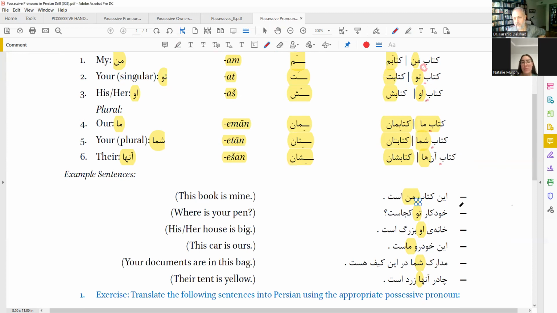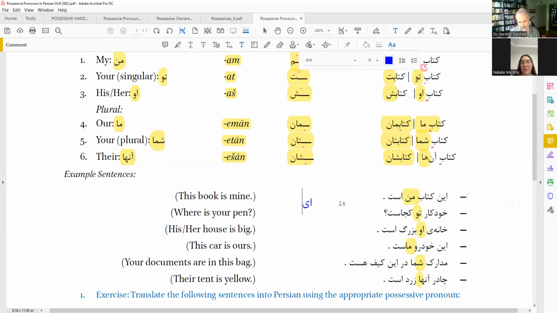So, in ketabe man ast. Exactly. Now, if I want to say this phrase in enclitic form, how would I change it? You would substitute ketabe man for ketabam. Perfect.